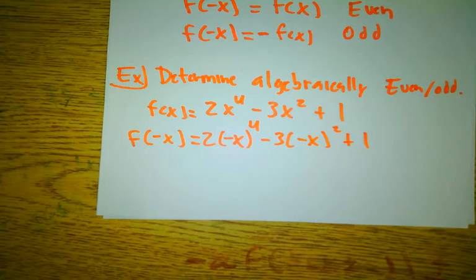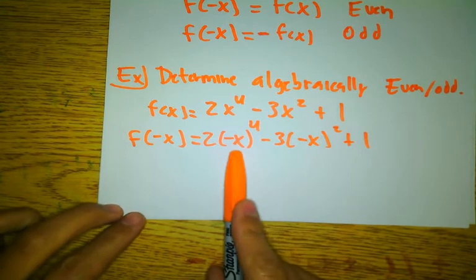Okay? Anyone lost as to what I did? You have to actually know, this is not algebra, this is called arithmetic. You have to know how to simplify and clean up operations. Okay? Here we go. What is negative x to the power of 4?